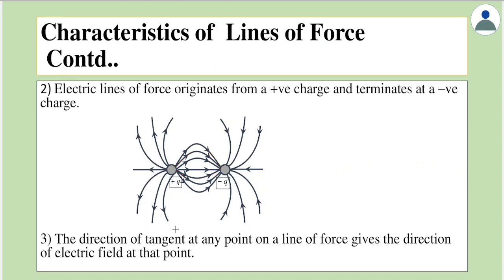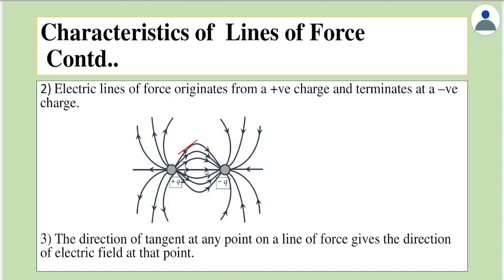The third point is the direction of the tangent at any point on a line of force gives the direction of electric field at that point. Suppose in this configuration I wanted to find the electric field at a given point here. Then we can draw a tangent at this point.